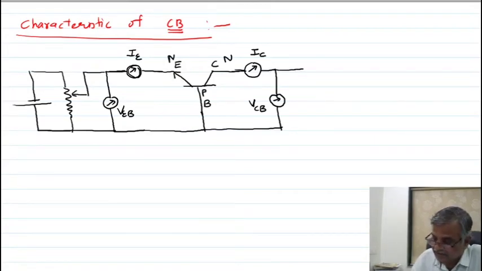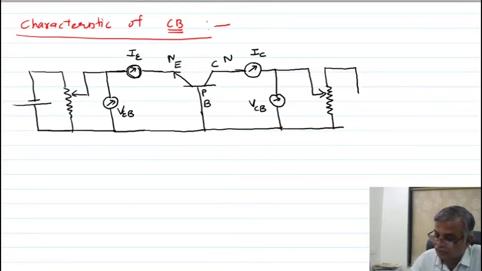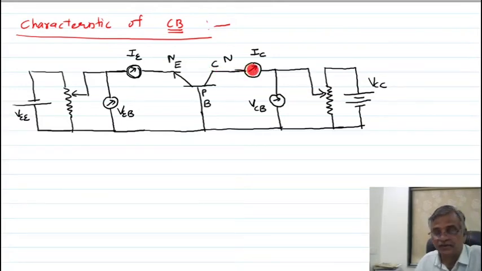The collector is kept in reverse bias. So look here, I also have to vary the collector voltage for output characteristics. So I have to connect a potentiometer circuit here. Look here, this is N-type material, and the collector is kept in reverse bias.